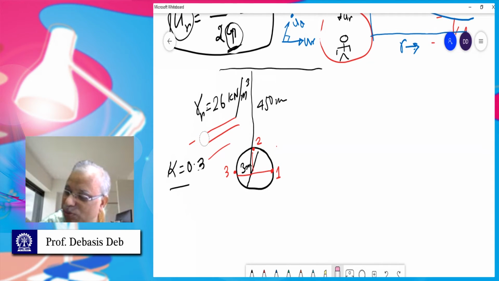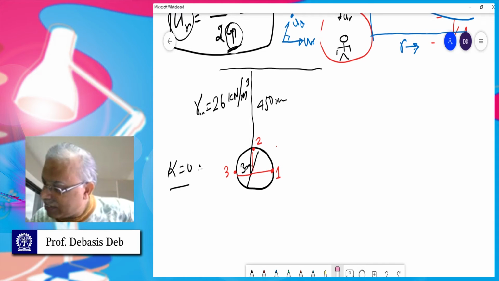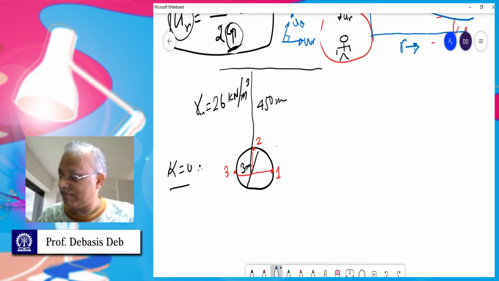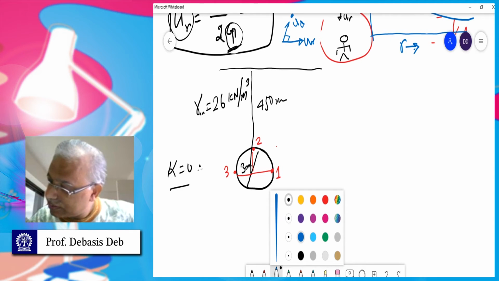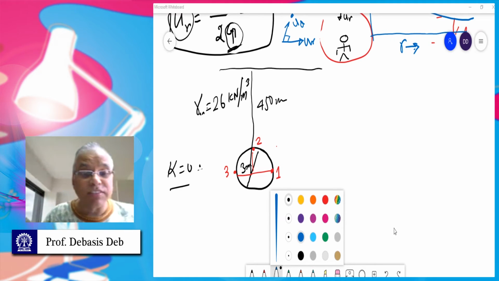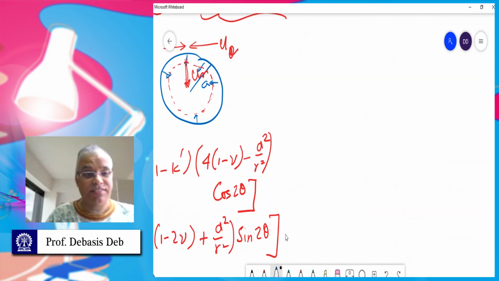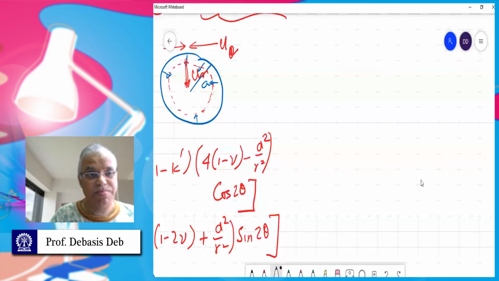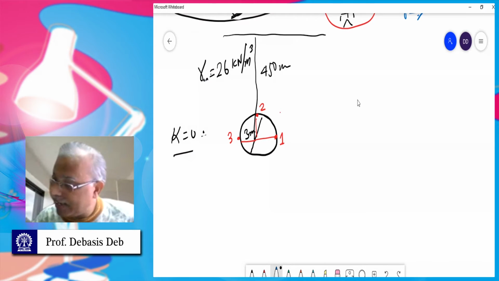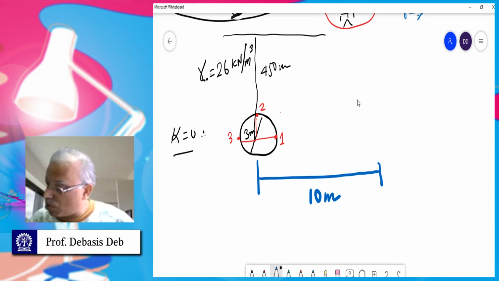Say the company or the government making this tunnel decides they have to make another tunnel, about 10 meters away.